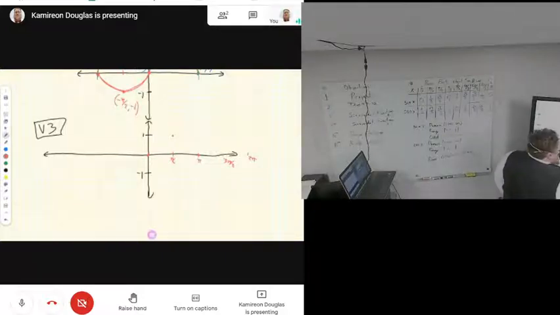Going to the left, same pieces. -pi over 2, -pi, -3 pi over 2, and -2 pi.